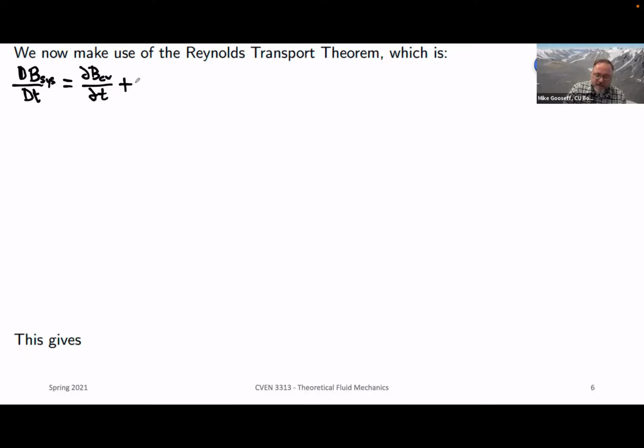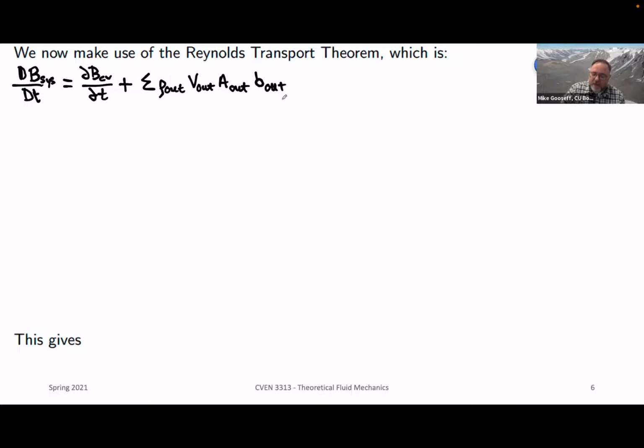And then the convective components are this sum of the mass outflow. So we have density of the outgoing fluid, velocity of the outgoing fluid, times the cross-sectional area of fluid moving out, or mass moving out, multiplied by B here, right? Whatever our B is. So that's supposed to be an OUT, but the U didn't come through very well.